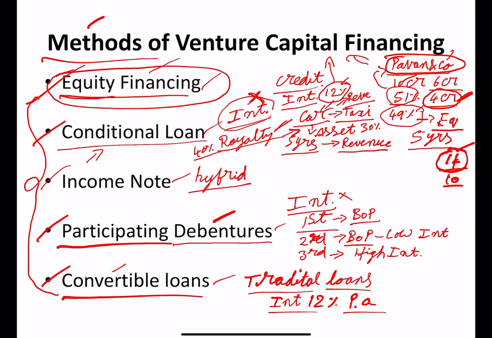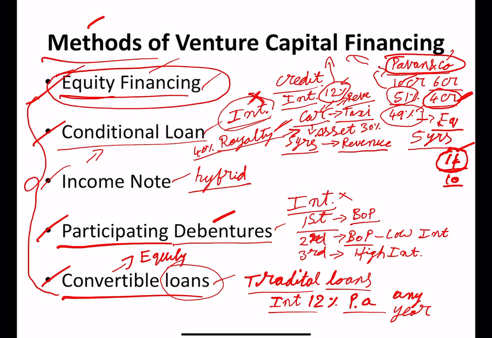The simple funda is, in case in any year I am unable to pay interest or principal amount, immediately these loans are converted into equity. Try to understand.